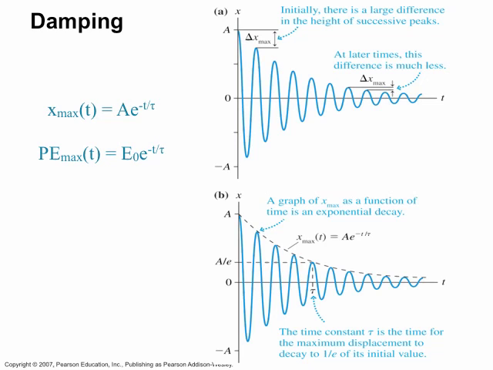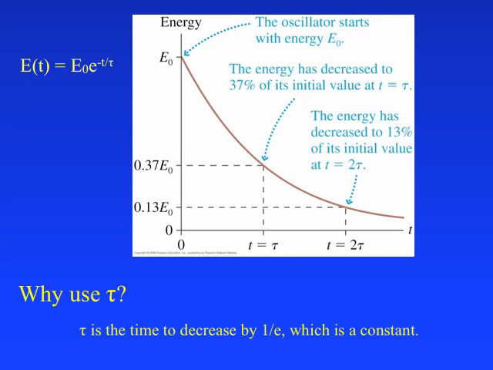So the potential energy of a spring relates to the amplitude. So if the amplitude dies away as an exponential, then therefore the energy dies away exponentially. The time periods for the exponential to die away, well, we'll discuss in the next slide. So the energy dies away exponentially.